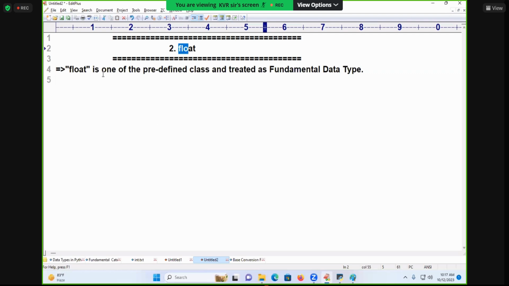Float is one of the predefined class and treated as what data type? Fundamental data type. Right. Roshan Sen is asking, sir, is the switch keyword not available in Python? Roshan Sen, I think you are thinking of C language. So what language am I teaching? Python.